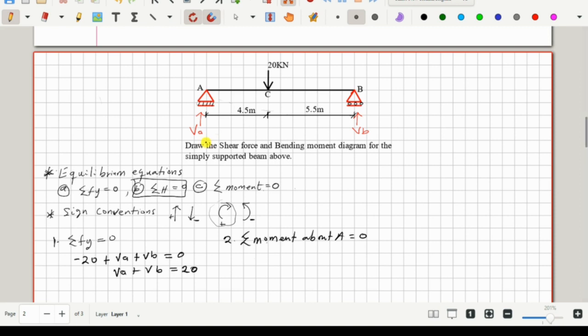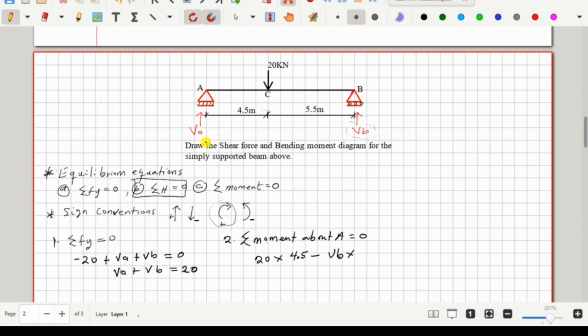And from our sign conventions, we are saying clockwise moments, we are using positive. So this will be the force, which is 20 kilonewton, multiplied by the lever arm, which is 4.5 meters from support A, 4.5. And then we'll consider VB. The moment is trying to push the beam upwards. So we'll have an anti-clockwise moment. So that will be minus VB times its lever arm, which is the summation of the 5.5 meters and the 4.5 meters.